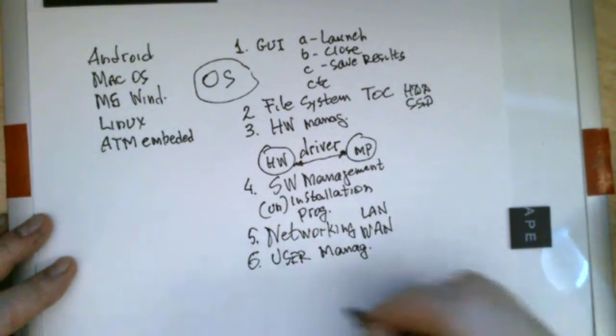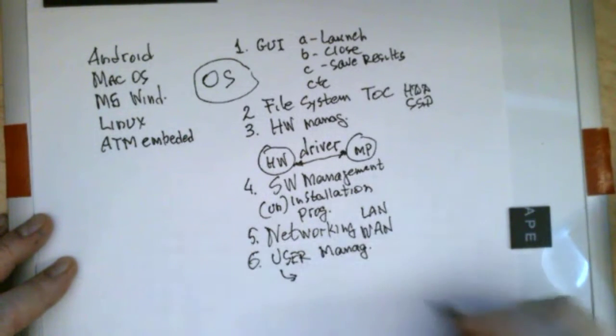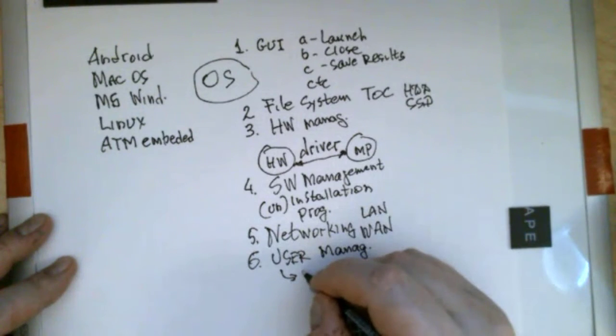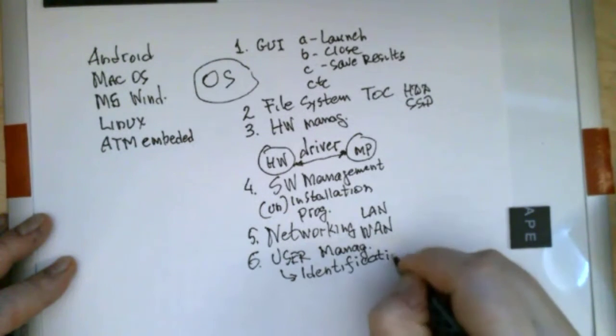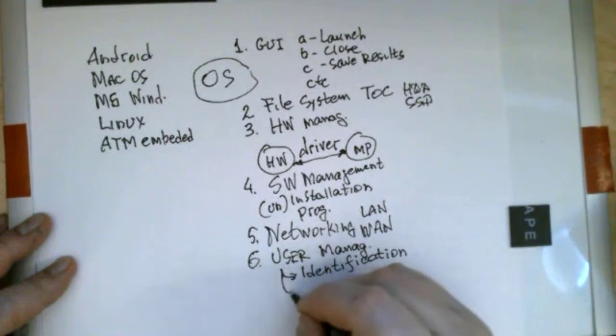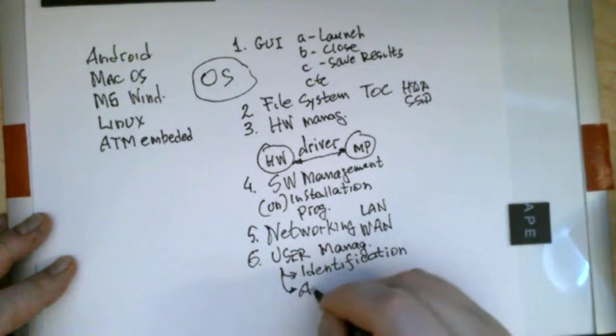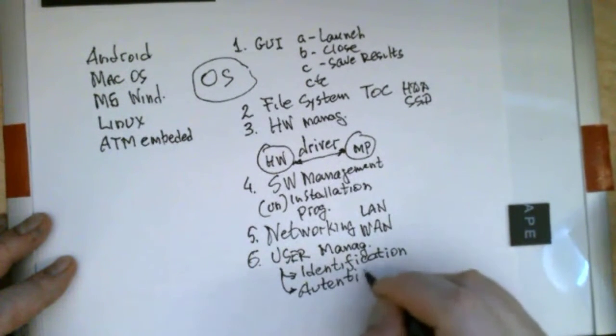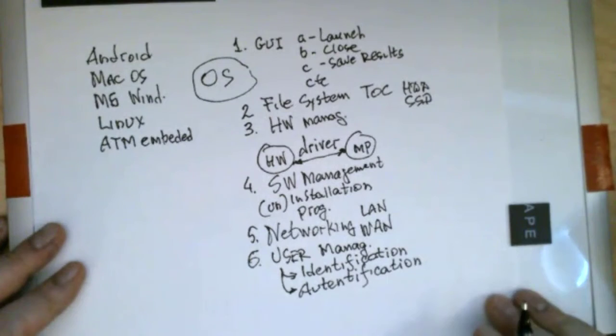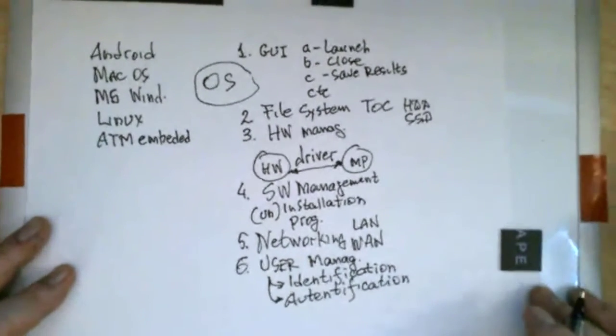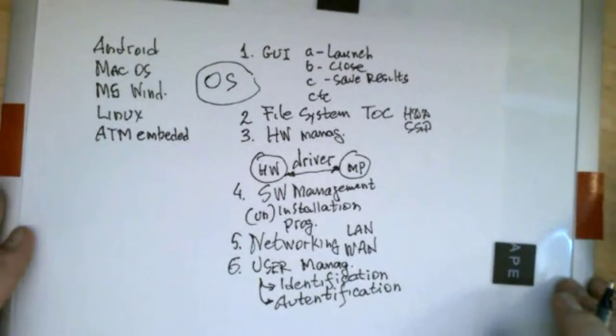So user management includes two very important functions. It is identification, and the second one is authentication. What is identification, folks? Identification means that you are you, meaning that you have a username and it will be understandable.